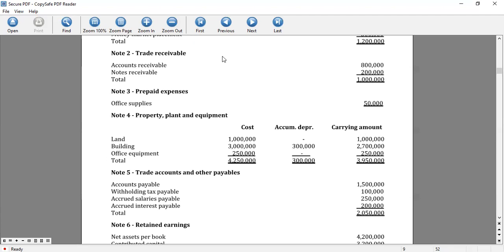Withholding tax payable of 100,000. So that's your withholding tax payable.